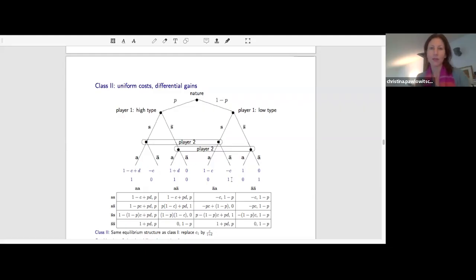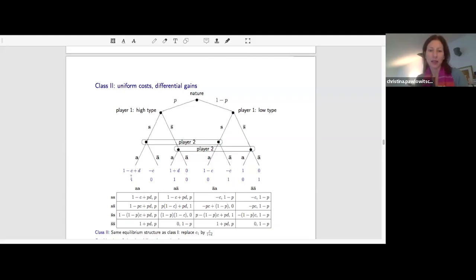We assume a fixed cost, and this is an assumption we actually need to get the same equilibrium structure. We make the assumption that if there is acceptance for the good quality product, then the consumer will buy again, and this gives an extra payoff to the high type.